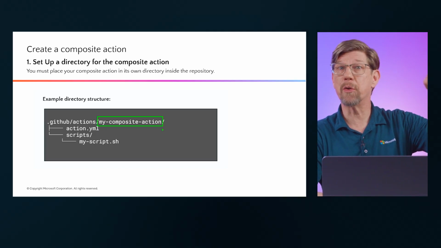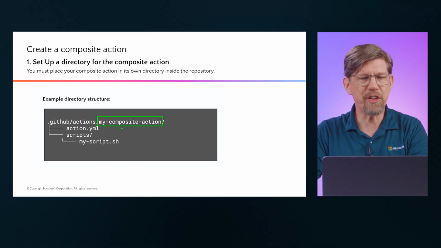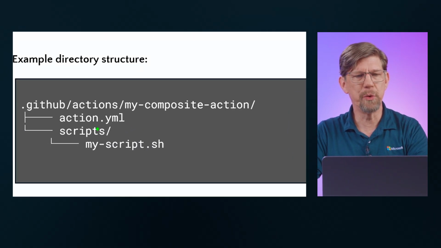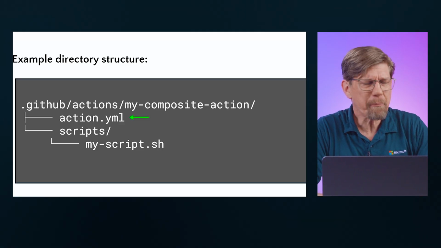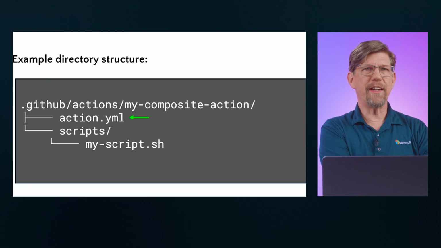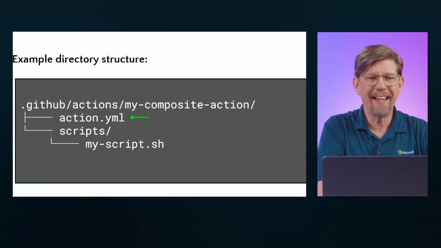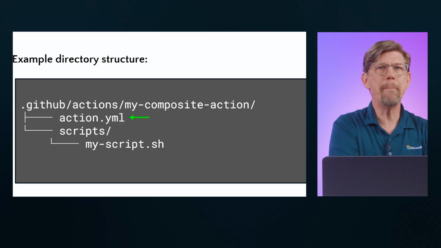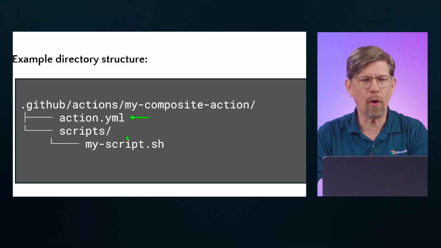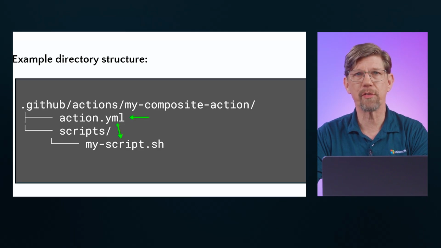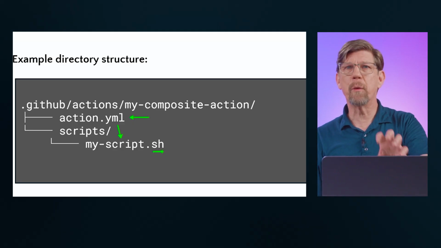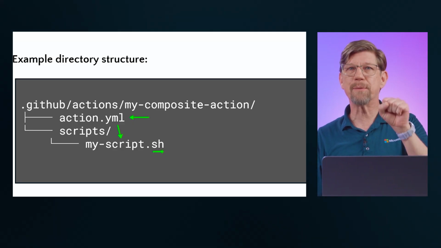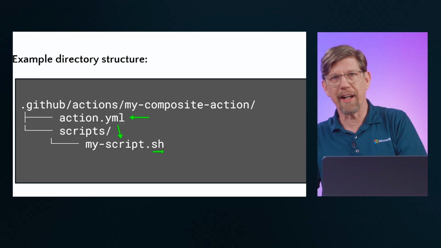Here we're going to be pointing to a directory, and in that directory you will have a root object named action.yaml. Action.yaml will have the structure of what's happening, and that action.yaml optionally could call out to one or more scripts. In this case, we're calling out to a bash script, a shell script. But this could be whatever kind of scripting language is supported by the underlying runner.